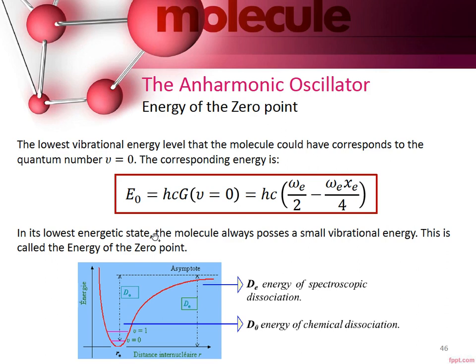So if you get DE and you are asked to get D0, the difference between them is just E0, which is the energy of the 0 point. And D0 is called chemical dissociation because this has a chemical meaning. The molecule is initially at E0, and then when it dissociates, it gets to a level of energy called D0.